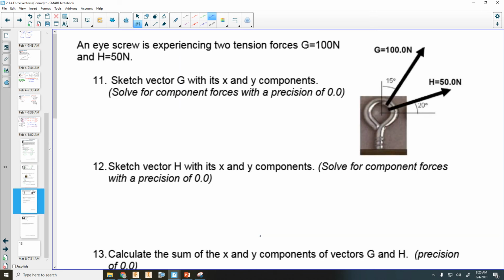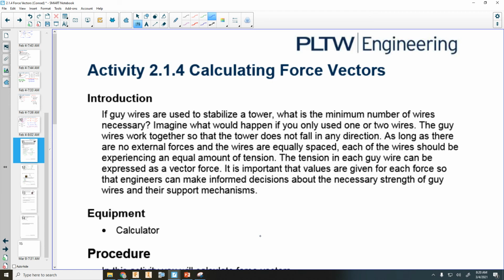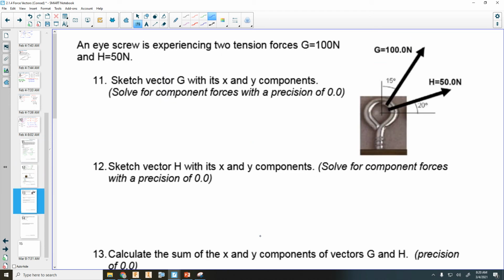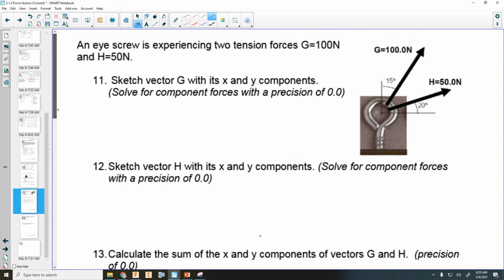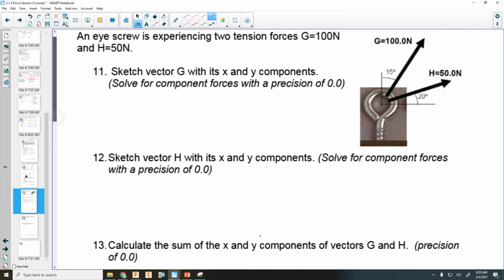What do we got? We have 11, baby steps through a hook, which we did. That's just like the hook we did at the beginning, except they're both going up and to the right. So keep in mind, we're going to need this angle. What's this resultant angle here going to be?